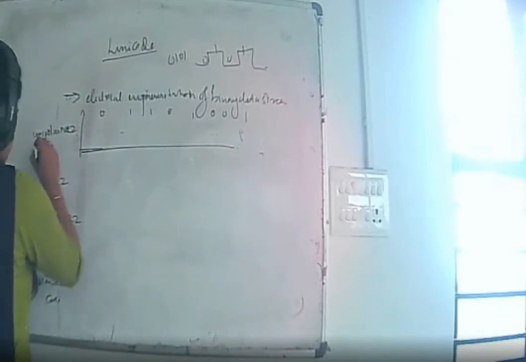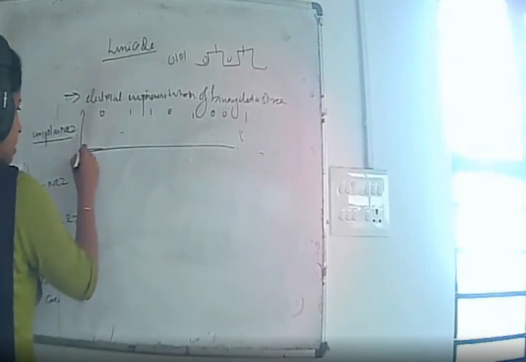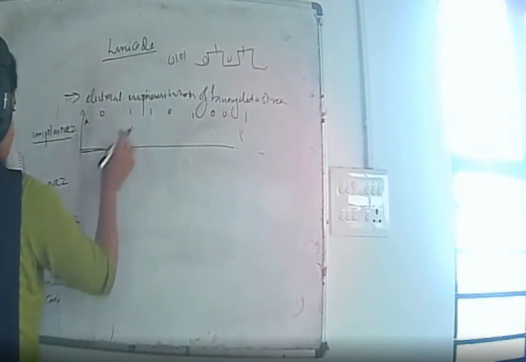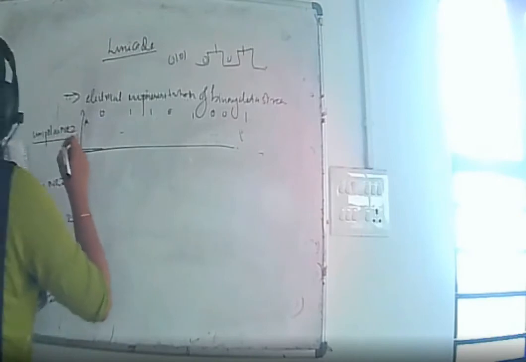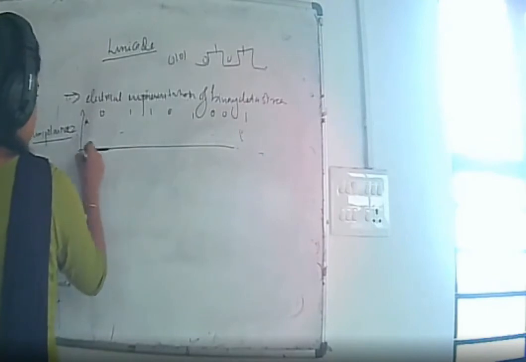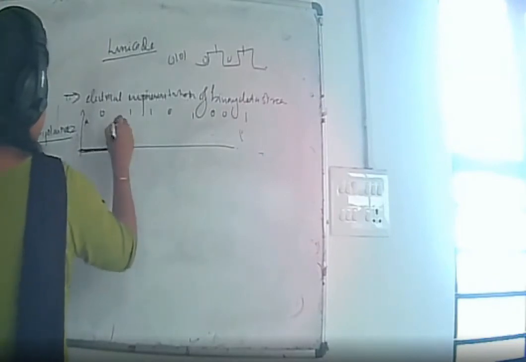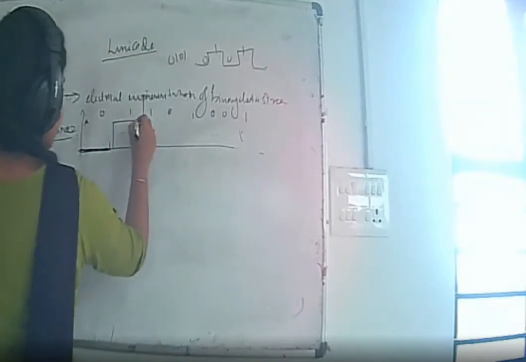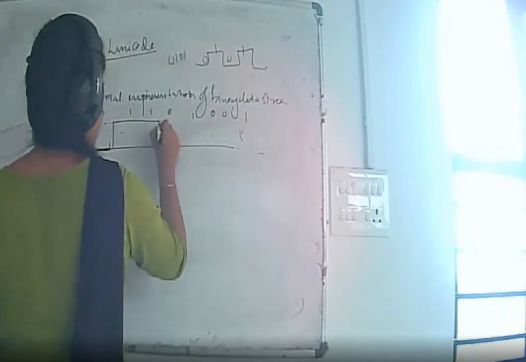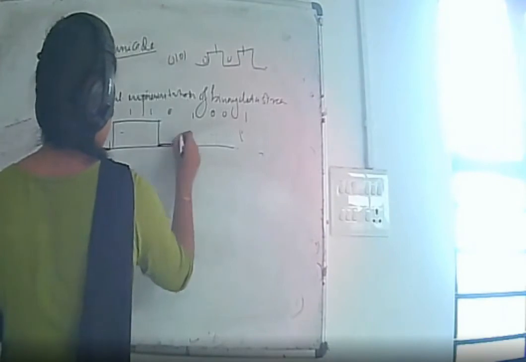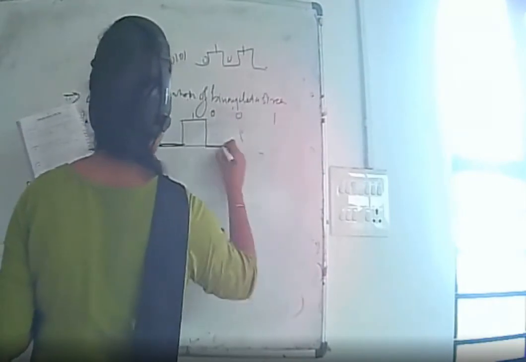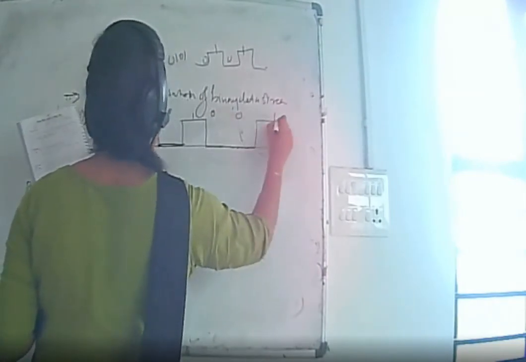Here 0 is transmitted by switching off the pulse, and 1 is transmitted like this with amplitude A, and next also it's 1, transmitted with amplitude A. Next is 0, then again 1, 0, 0, and again 1.